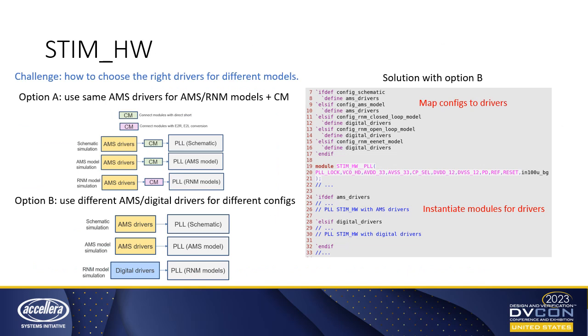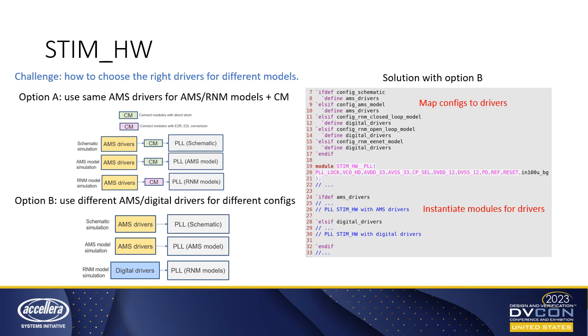For the hardware module, the biggest challenge is how to choose the right drivers for different models, such as AMS or real-number models. There are two options, with trade-offs in between. For option A, we can use the same AMS drivers to drive both AMS models and real-number models.